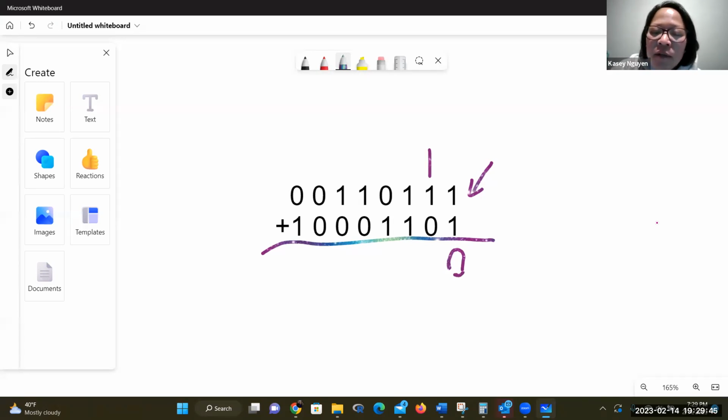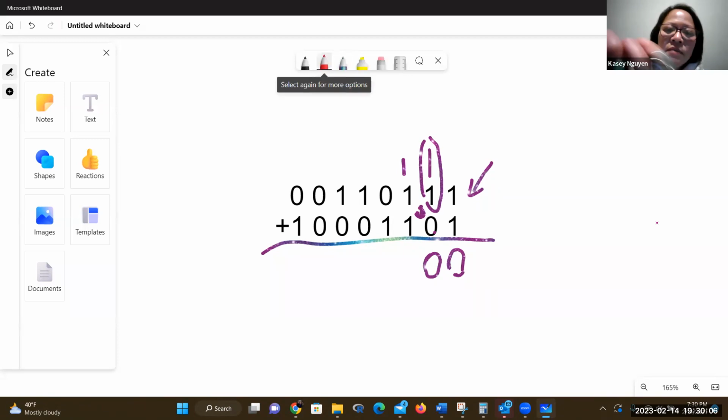Now we talked about handling the top number and the carry number. So we're gonna start with this next. So 1 plus 1 is a 0 with the carry. A 0 plus a 0 is a 0. Next, I'm gonna switch pen. 1 plus a 1, the carry and the top.